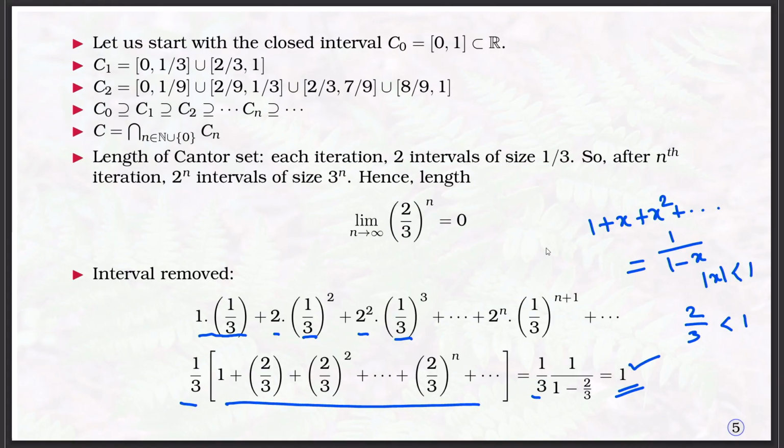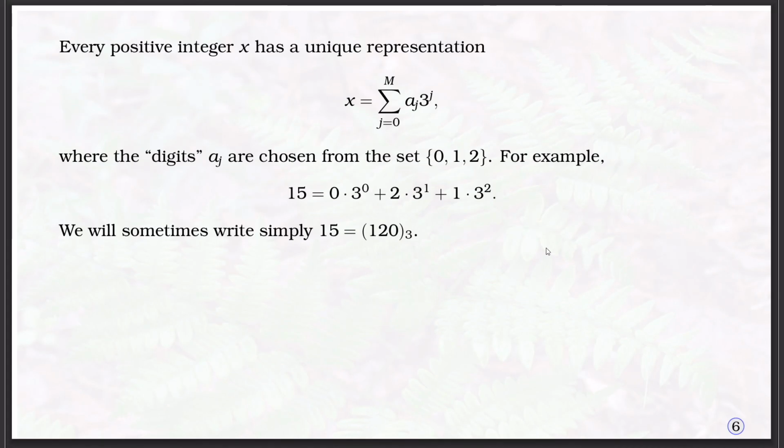This question is answered by the following theorem. For that, let me define some basic number theoretic representations of the real number system, that is, how to represent a given number by its base 3 expansion.